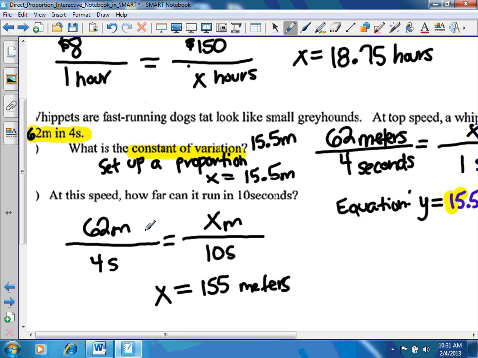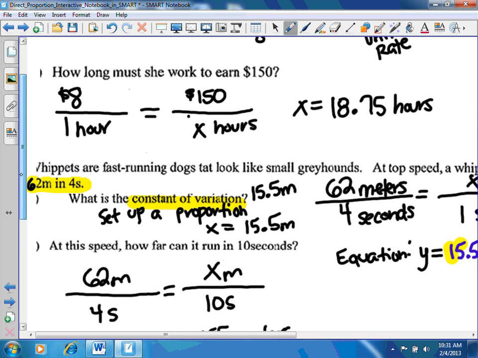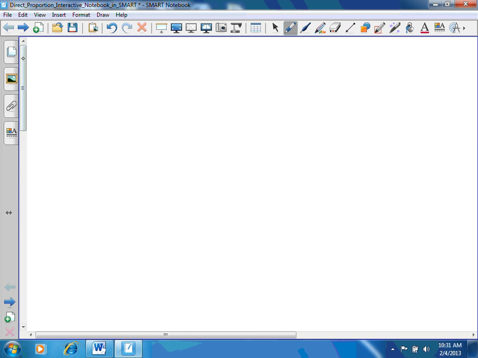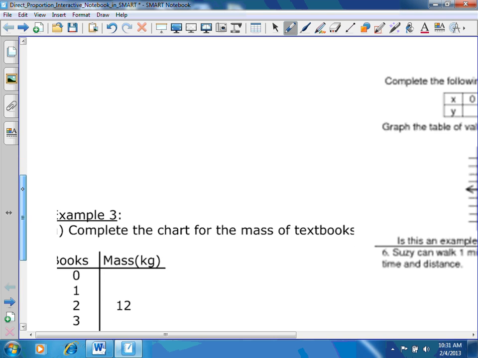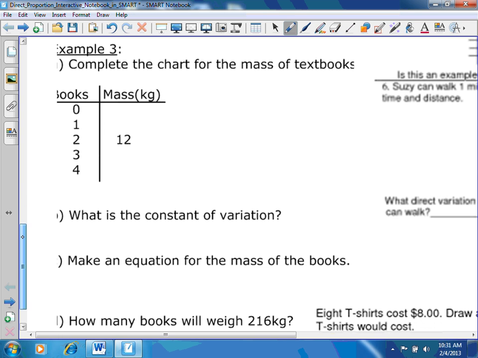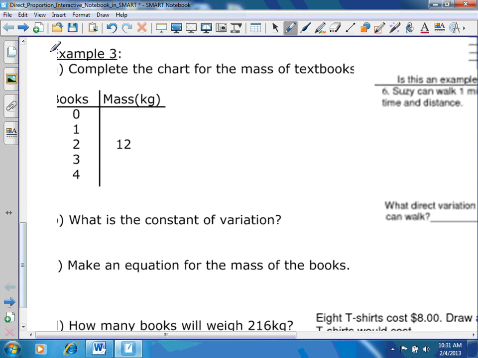Okay, which picture did you go down? The whippet. Go down the whippet. So the next problem that you need to cut out is right here, talking about the textbooks. Answer 3.